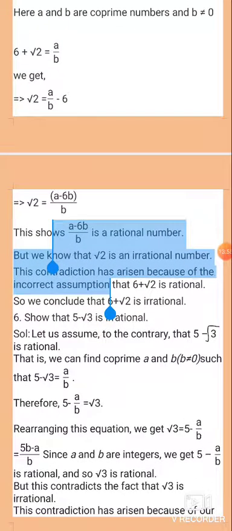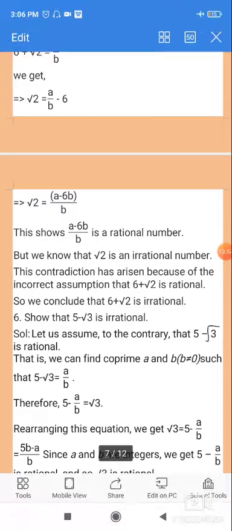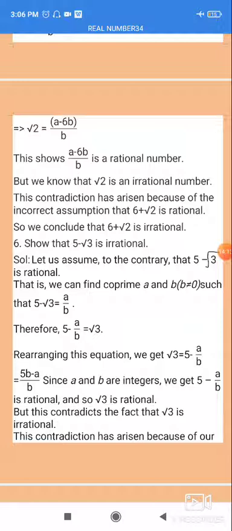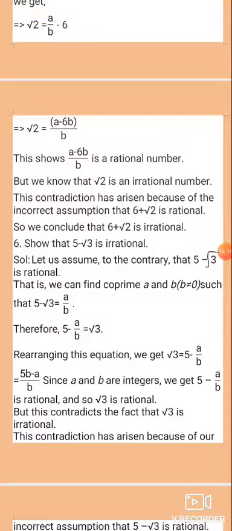Now the next one: show that 5 minus root 3 is irrational. So the solution: let us assume, same as before, 5 minus root 3 is rational. That is, we can write 5 minus root 3 is equal to a by b. So listen, this is subtraction.